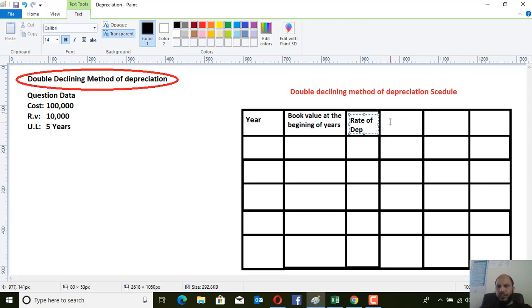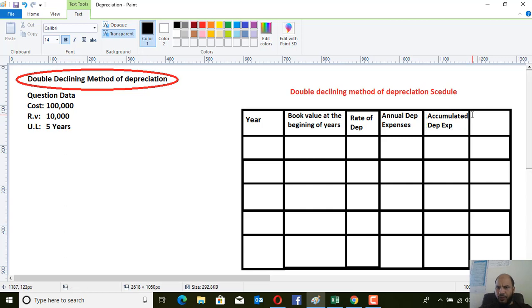And this is the annual depreciation expenses, and this is the accumulated depreciation expenses.